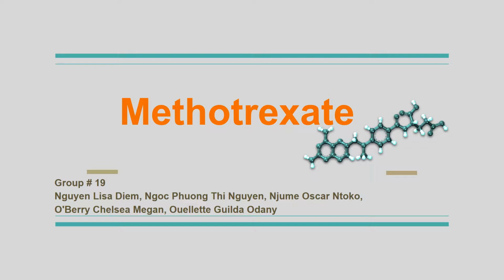This is Group 19. Our presentation is going to be based on methotrexate. On this slide are listed the names of our group members, the drug name, and the drug chemical structure.